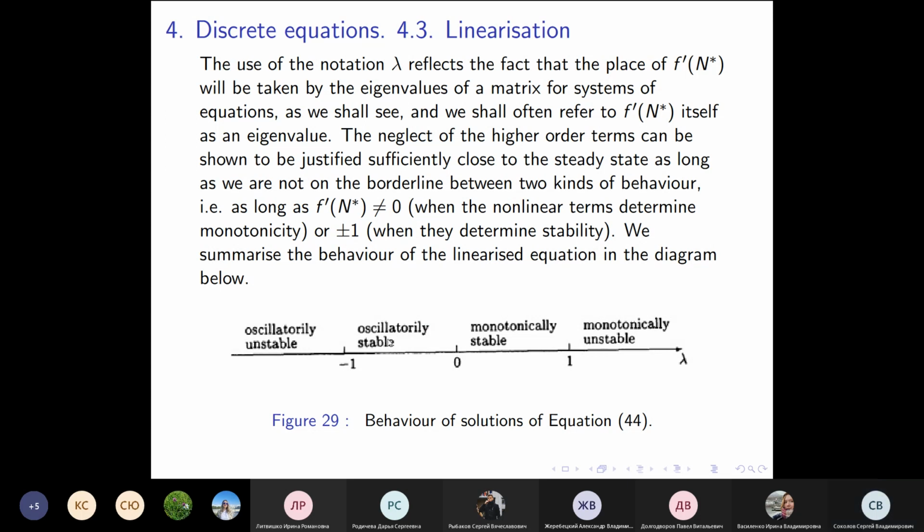At 0, the oscillations are replaced with monotonically stable behavior, and then when lambda crosses 1, the stable solution becomes unstable. And as in differential equations, when lambda is plus or minus 1, at that point we can't say anything about the stability because higher order terms take influence.